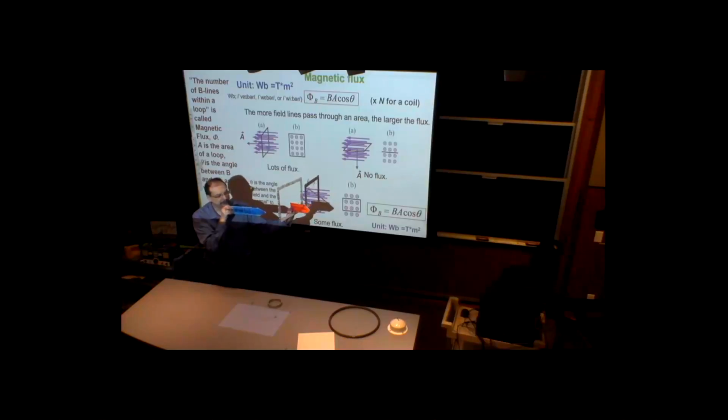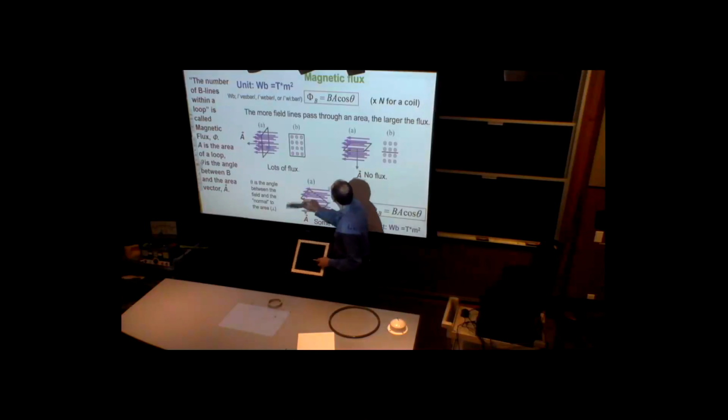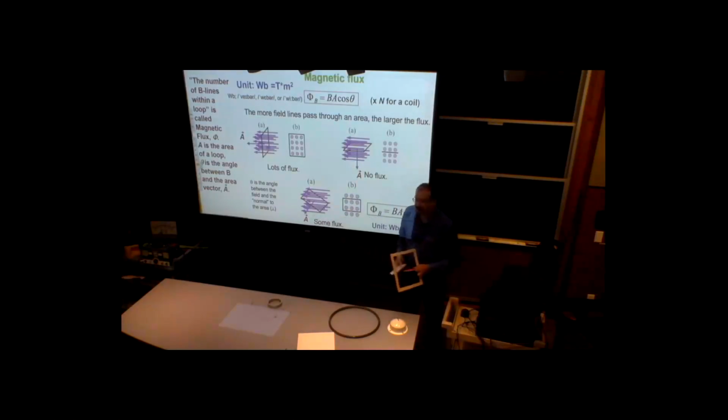If we start changing theta, rotating, the flux changes eventually to 0. No lines get through the loop anymore. That's basically what this is for, to measure how much magnetic field travels through the loop. 0, maximum amount, and something in between.